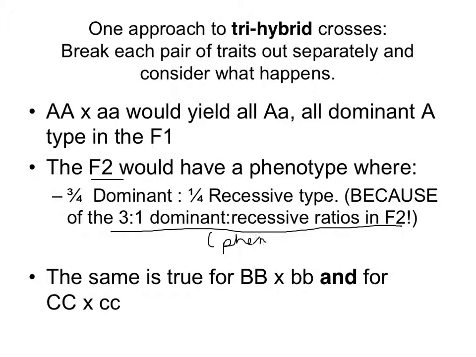Because if you understand that, and you understand meiosis, then you can figure out what's going to happen in the F2 of a trihybrid cross by breaking it apart and treating it as 3 separate monohybrid crosses that all come together at the end. Okay, so let's look a little bit about how that could be done.